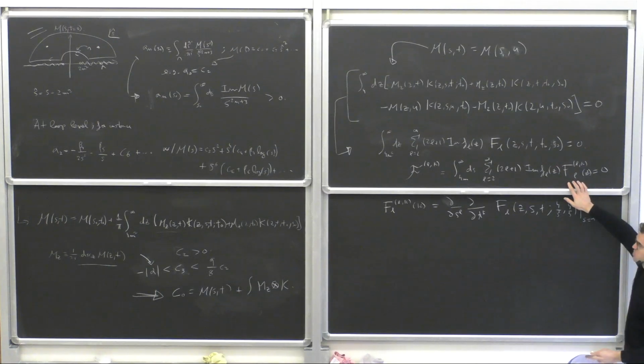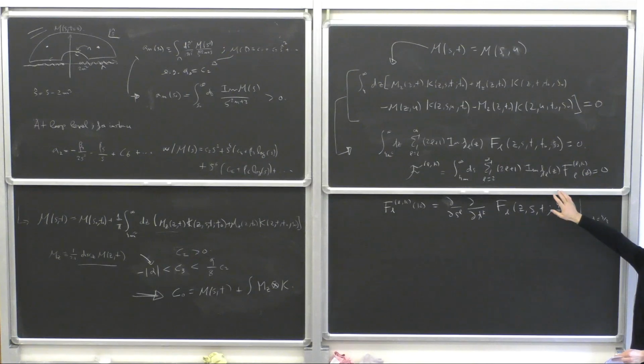So these are all the crossing constraints, and they're infinitely many, which now I'm labeling with 2 integers.